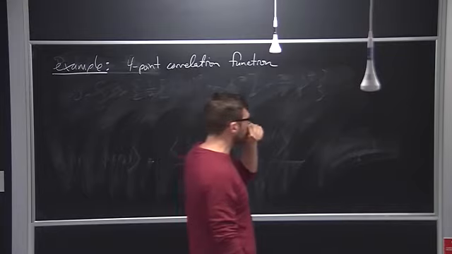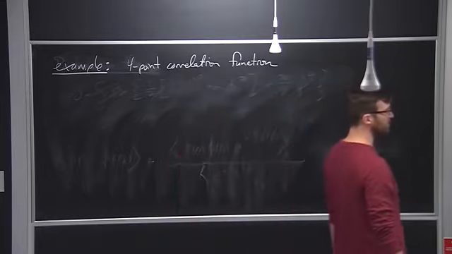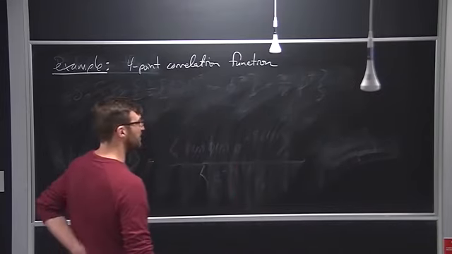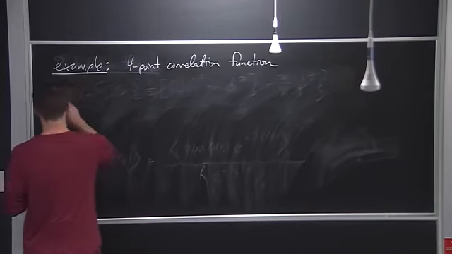By the way, a lot of things I write on the board you might have to search around to find in books, but I think these perturbation theories are completely standard. You can find them in any of the recommended texts for this class. The 4-point correlation function, I don't know. Maybe.